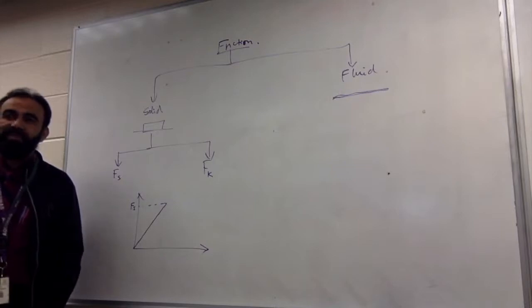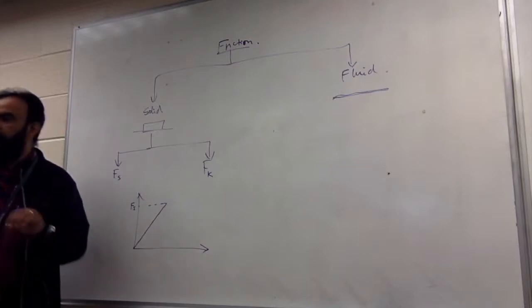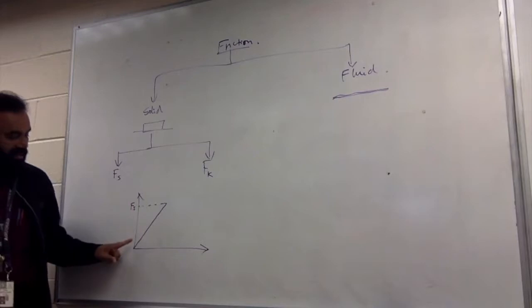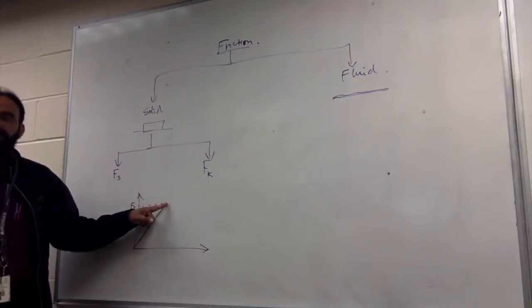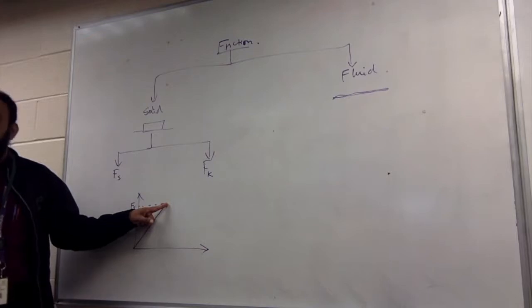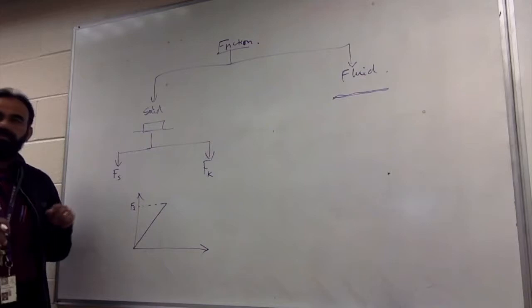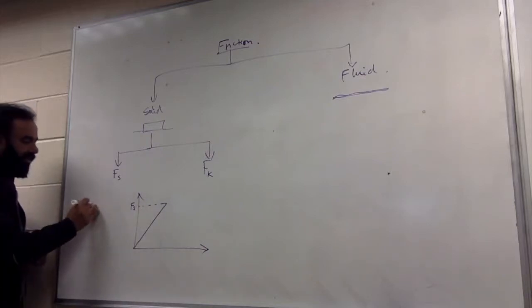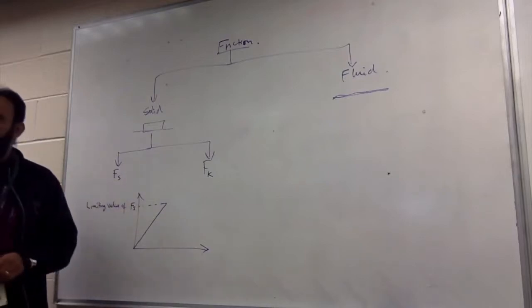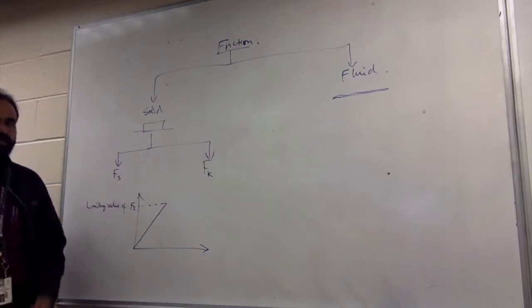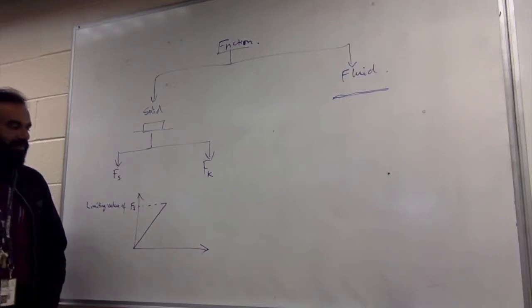We are more concerned about that, not the zeros, not the 1 Newton, 2 Newtons and all that. What is important to us is the moment it is about to slip, that's called the limiting value of static friction. We can write it down: limiting value of static friction. So when you say Fs, we imply that it is a limiting value.